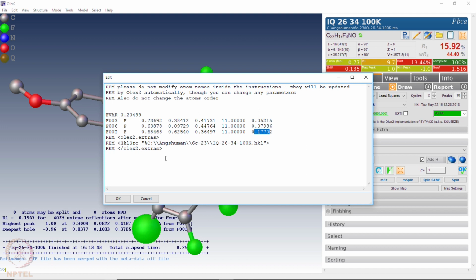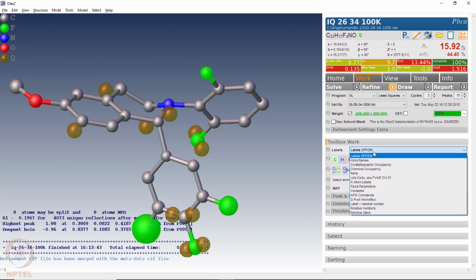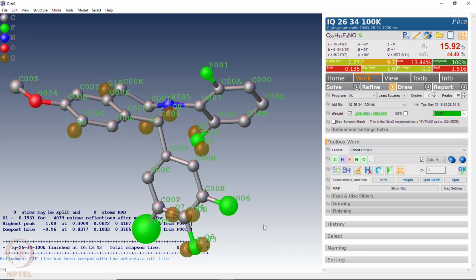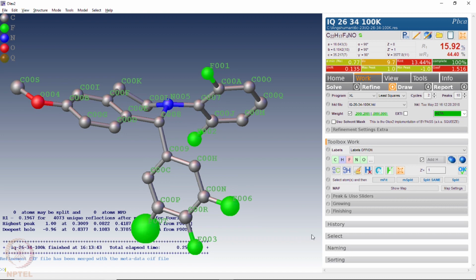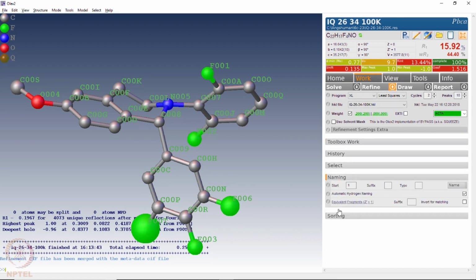You see these are not numbered properly, so better we number them appropriately, and if we put the labels on, then we know which is what. So first things first, we should name the atoms.